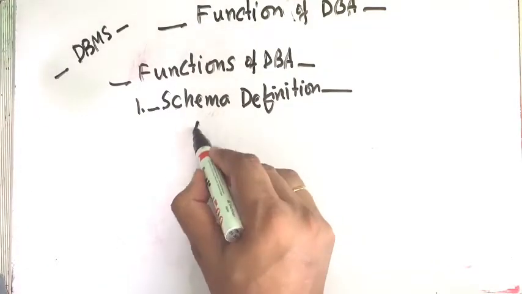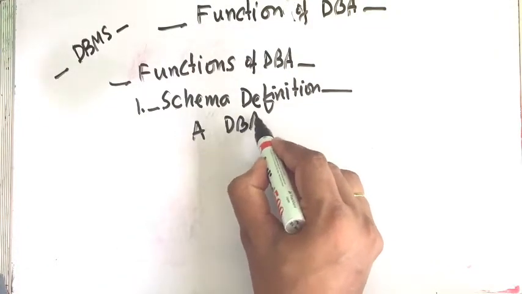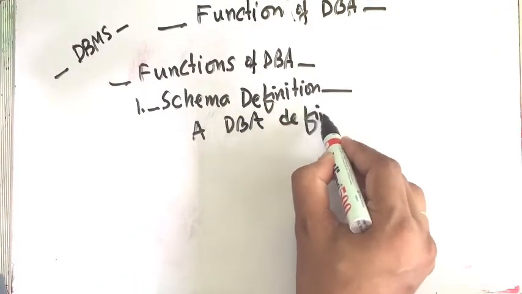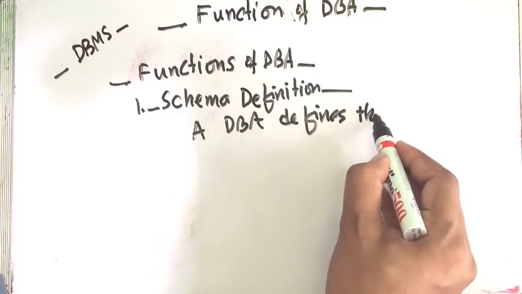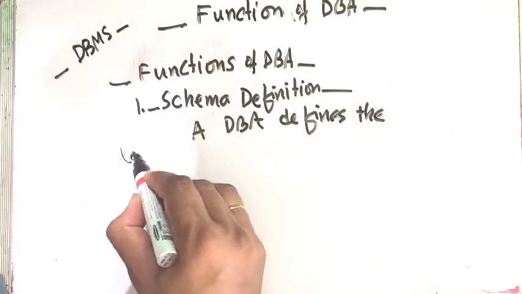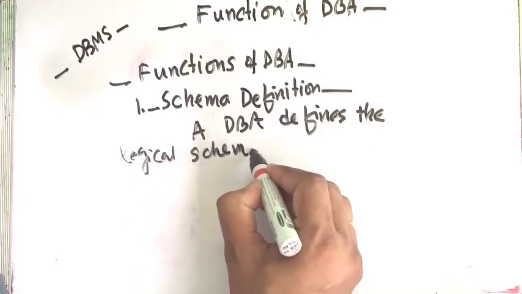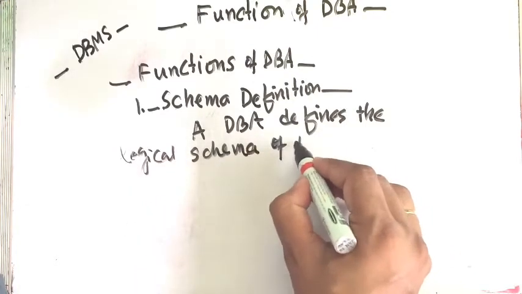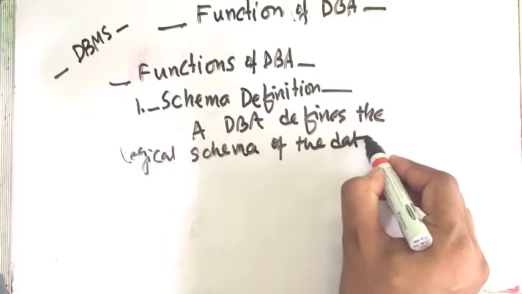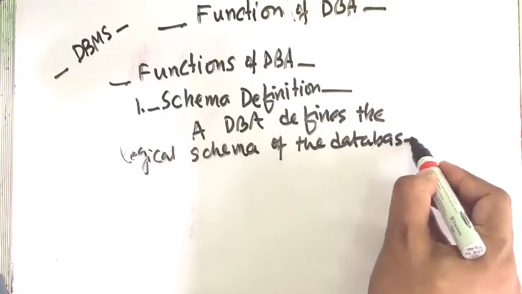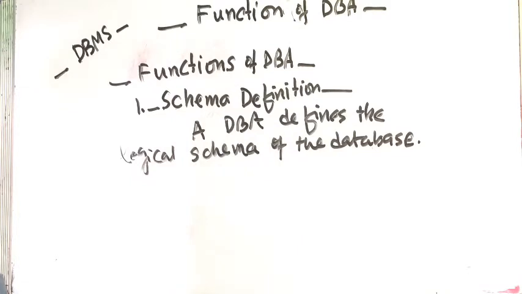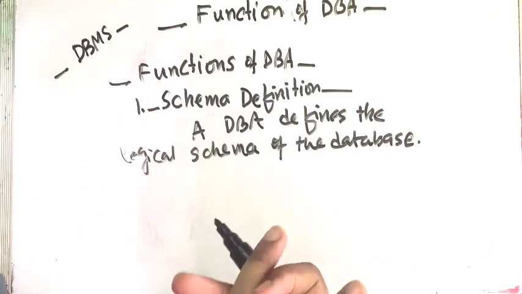A DBA defines the logical schema of the database. It defines the logical structure of the database.